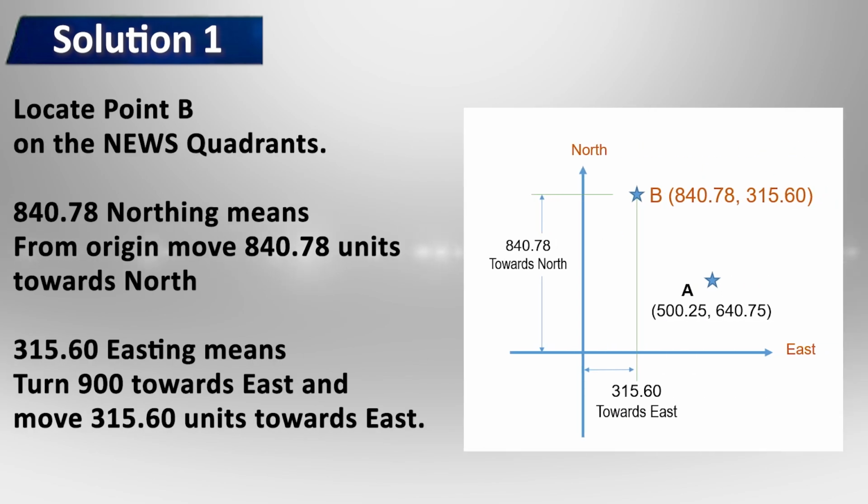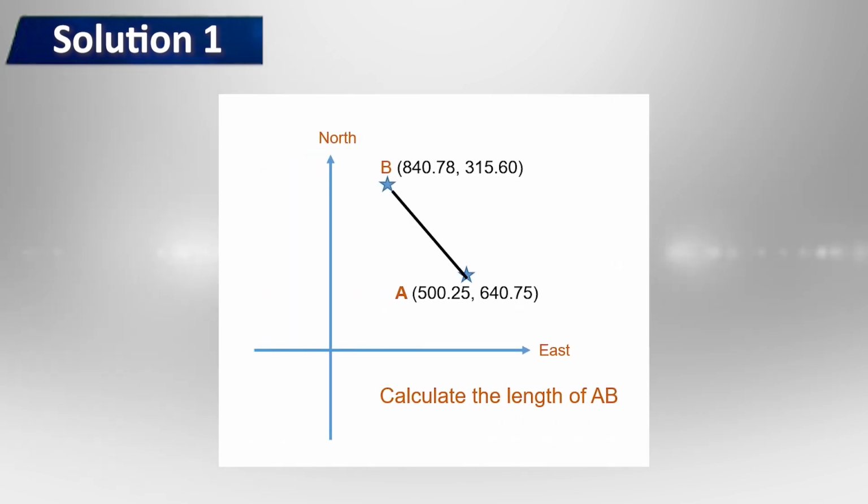Similarly, you can locate the point B whose coordinates are given. As we can see, both points A and B have positive values of north and east coordinates. This means that both the points lie in the first quadrant, that is the northeast quadrant.